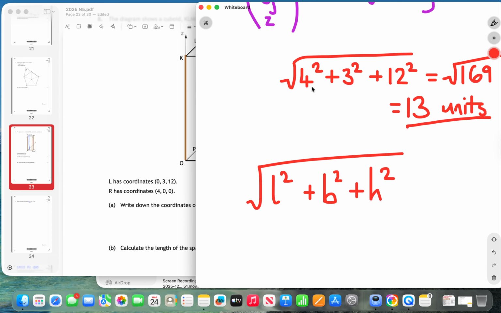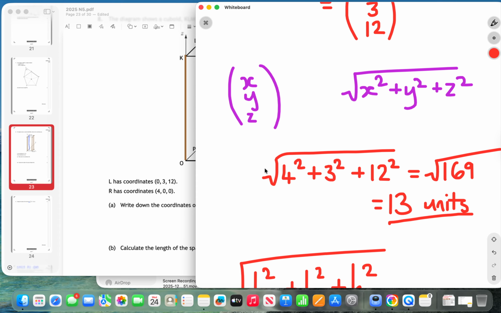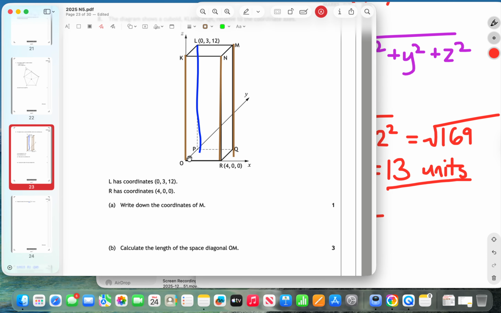But I won't even do this whole one because it's pretty much the same thing as what we've done, but there's no need to actually go through this fully. But go along 4, then along 3, then 12. So you've got dimensions 4, 3, and 12.